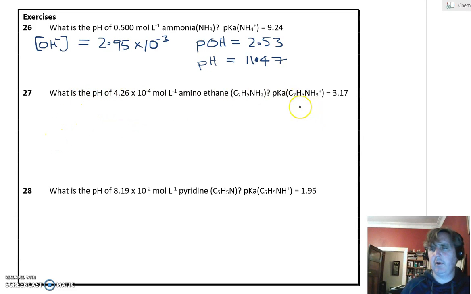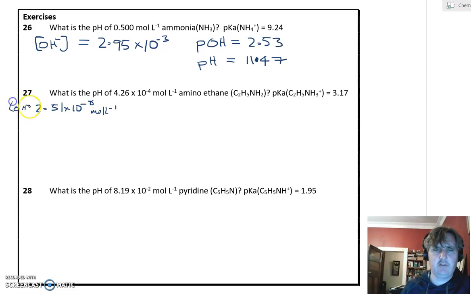So when we find the pKb of this, and we multiply it by this, and we do the square root, we get a number here of 2.51 times 10 to the negative 8. Now, if you bear with me here, this number is the moles per litre of OH minus.